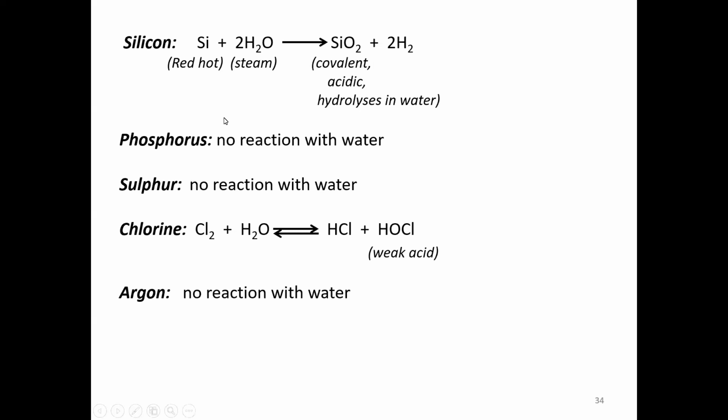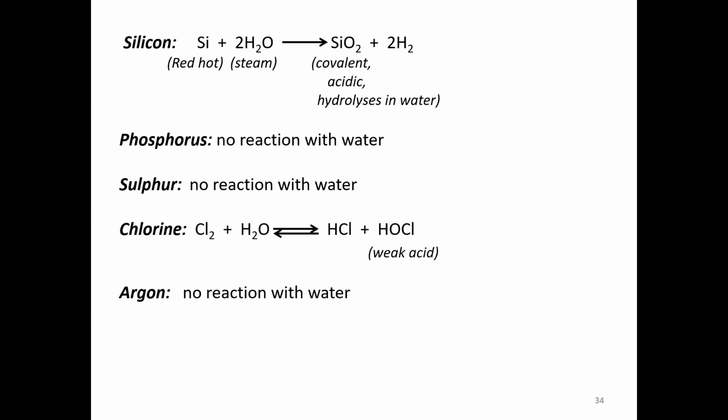Now, for phosphorus and sulfur, they don't react with water. As I showed you the physical nature of sulfur, it is like sawdust. Sulfur is insoluble in water. For compounds to actually be soluble in water, one, they must have very strong oxidizing properties like fluorine and chlorine.